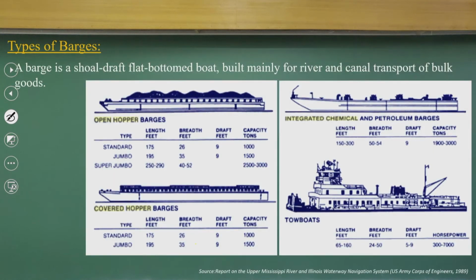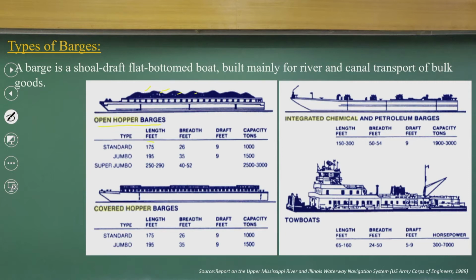there are the barges, which carry bulk goods from one point to another in rivers or canal transport. One is the open hopper barge. This type of barge is good for carrying goods openly, that means open deck; it can carry minerals, coal.